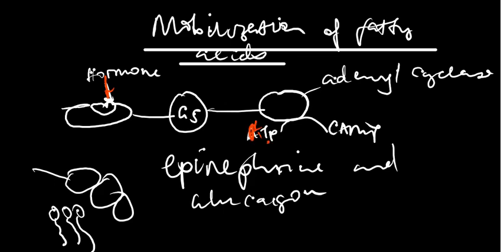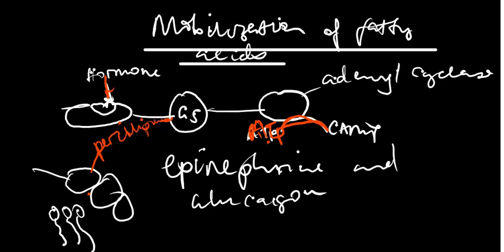ATP is used to make cyclic AMP by the use of adenyl cyclase.